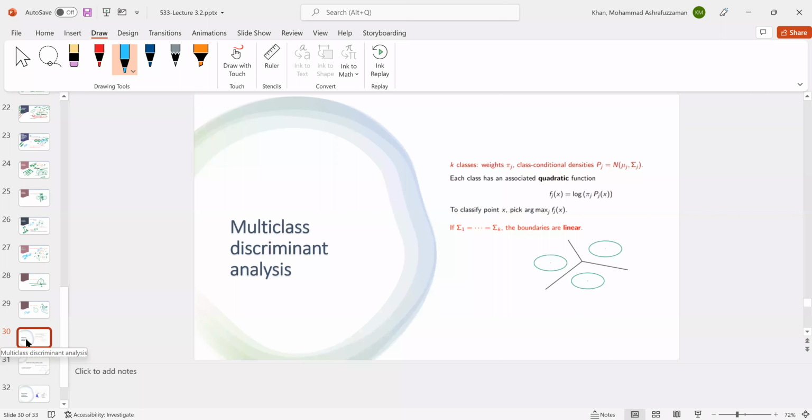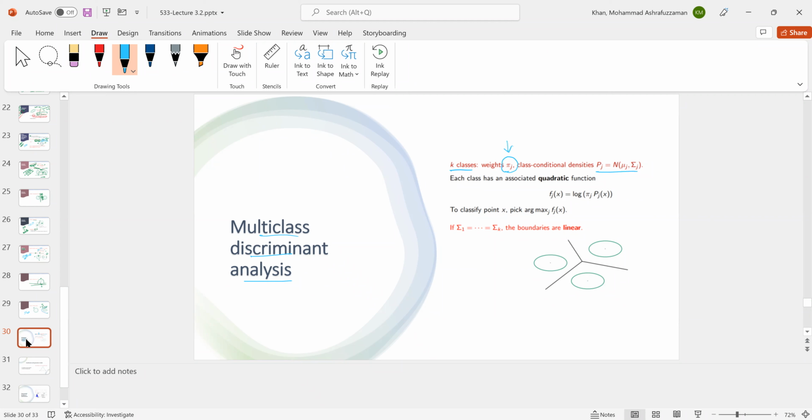Now, what about multi-class classification? For multi-class, we do exactly the same thing. For k different classes, at first we find the prior values for each class, and then we find the distribution for each class.